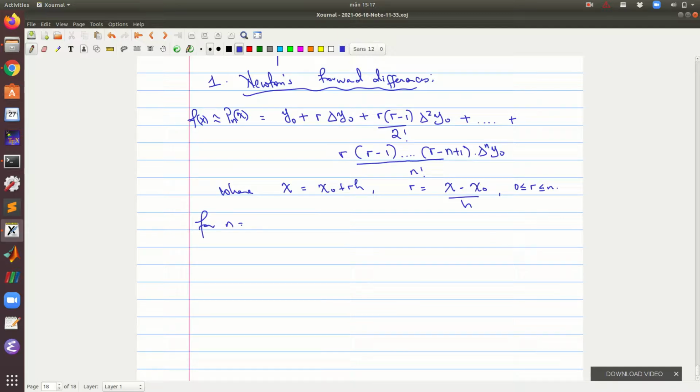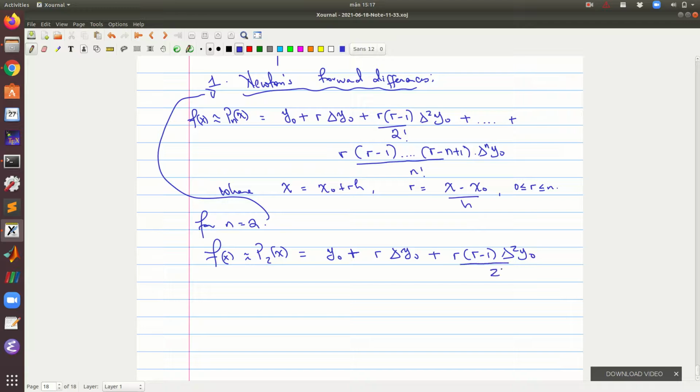So for n equal to 2, Newton's forward difference of degree 2, we can approximate our f of x using a polynomial of degree 2, and it is simply y0 plus r times the first forward difference plus r into r minus 1, second forward difference over 2 factorial.